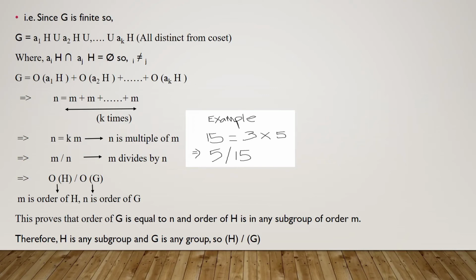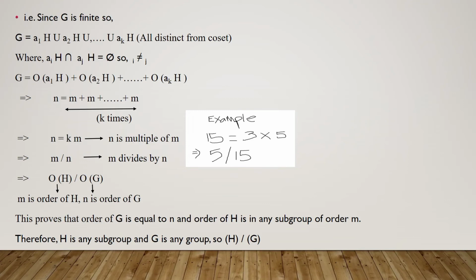Since all are distinct, it means aiH intersect ajH is equal to empty, so i is not equal to j.